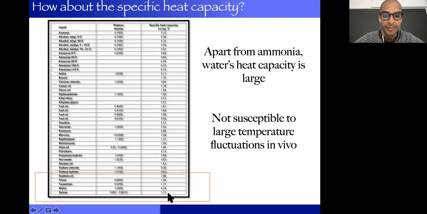Apart from ammonia, water's heat capacity is much larger than other liquids, and this large heat capacity is at the heart of the fact that it has many different modes into which energy can be dissipated, which is what makes it a very good thermal bath.